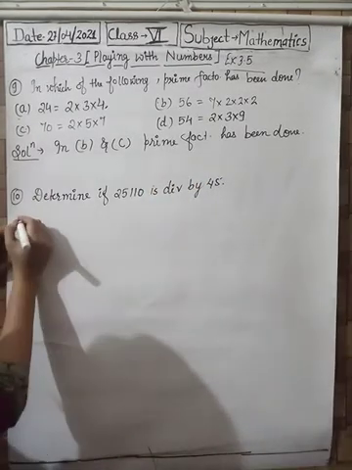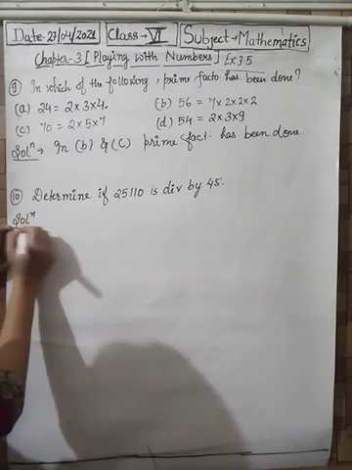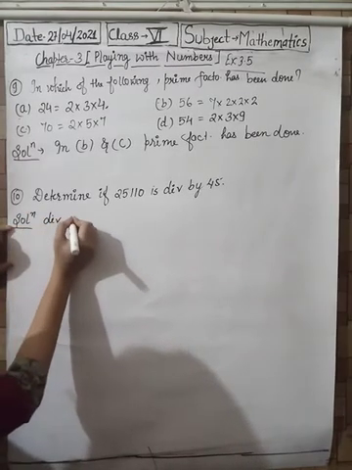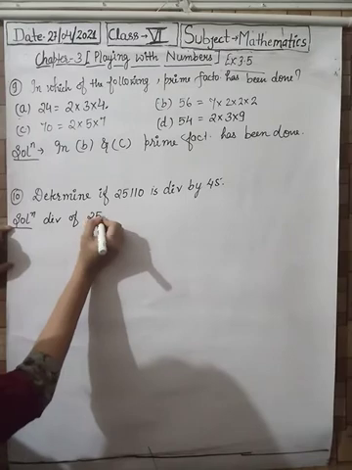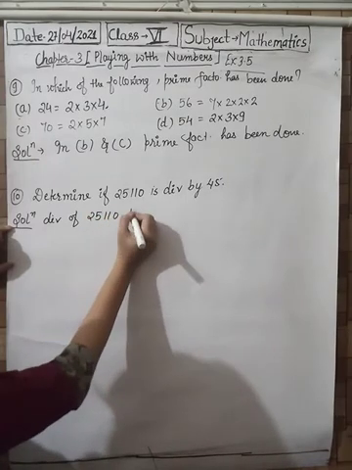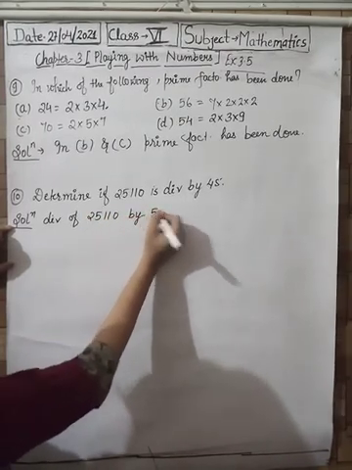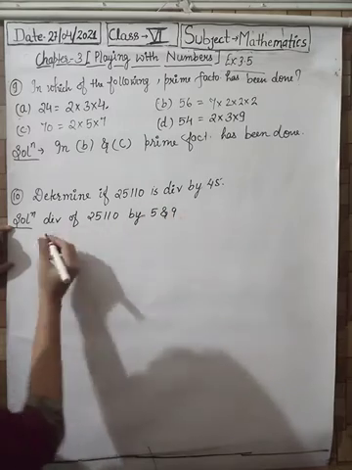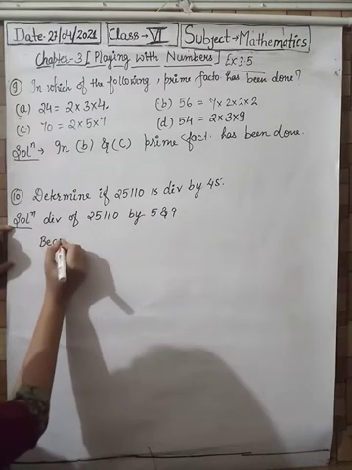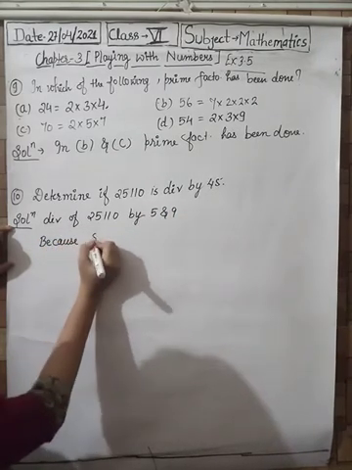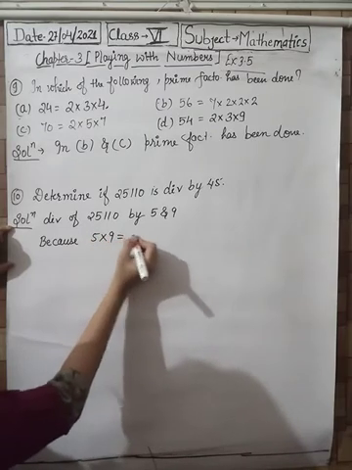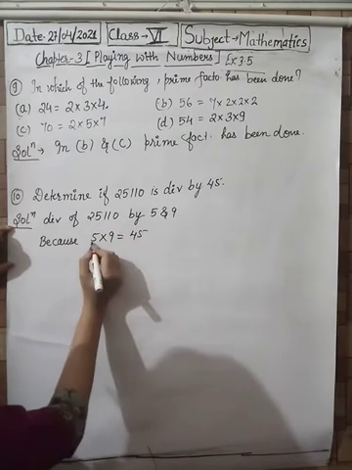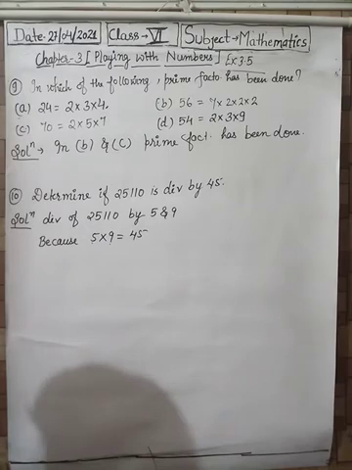It is given in the hint to check the divisibility of 25,110 by 5 and 9. Why? Because 5 into 9 is equal to 45. 5 and 9 are co-prime numbers.